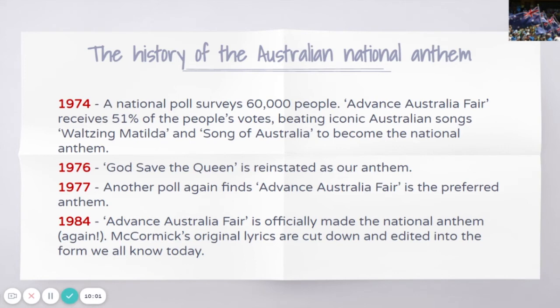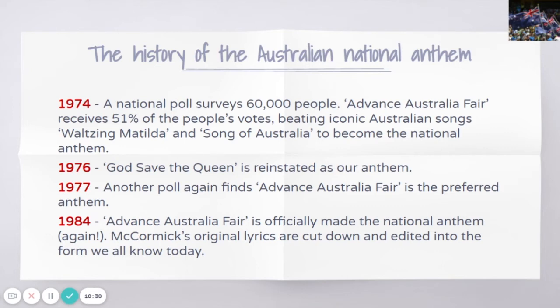So a little bit of a timeline here. In 1974, the government ran a national survey and it surveyed 60,000 Australians, and Advance Australia Fair received 51% of the nation's votes, and it beat out other iconic songs like Waltzing Matilda and Song of Australia to become a national anthem. But in 1976, God Save the Queen was reinstated as our anthem. So God Save the Queen is obviously the anthem of the United Kingdom.